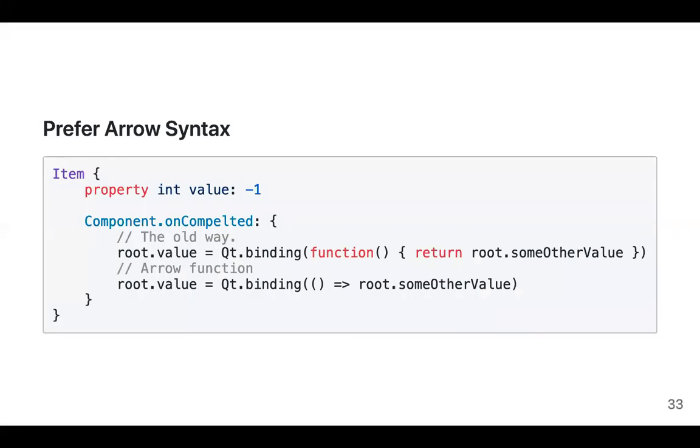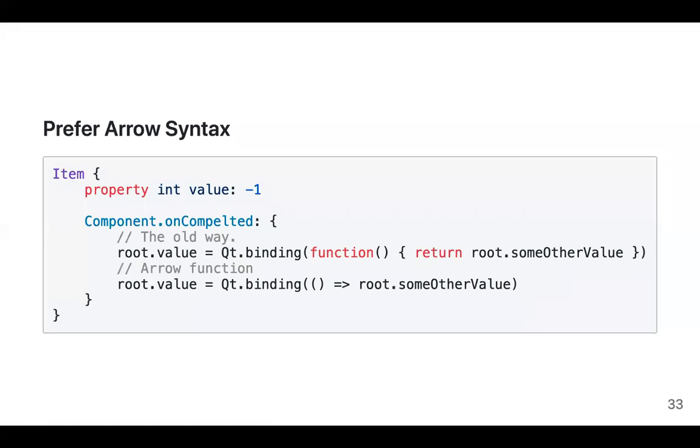So one thing I find very useful, in cases where you're creating a binding using the Qt.binding function, is the arrow syntax. Even though this is not my preferred way of creating bindings, like I mentioned, using the Binding type or Connections is a better way of doing this, with this, whenever you have to use it, at least the code reads better.